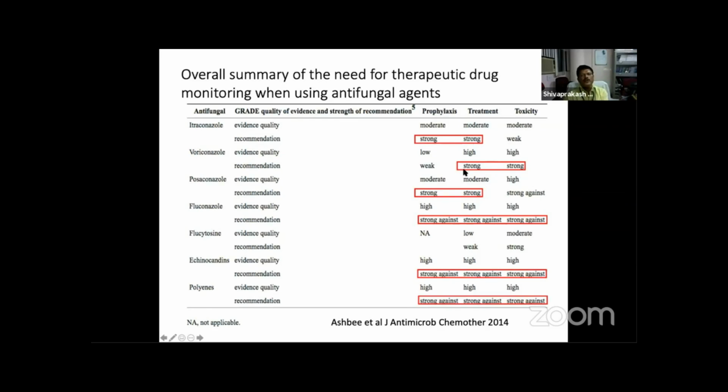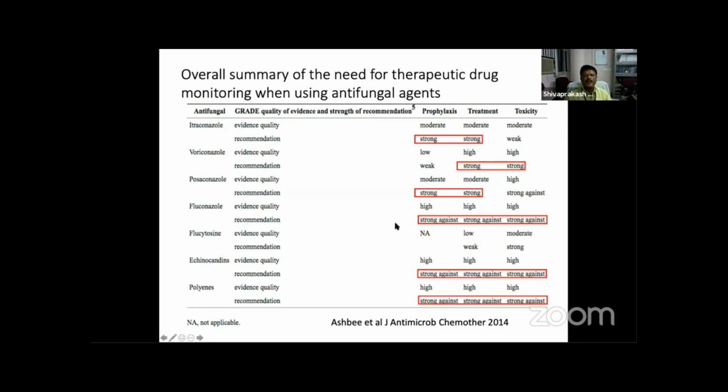For voriconazole, you have to do it for treatment purposes as well as to look for toxicity. For posaconazole, mainly it is given as prophylaxis, especially in hematological stem cell transplant and other patients. So again, there is a strong recommendation for doing posaconazole TDM when it is given for prophylaxis as well as for treatment.